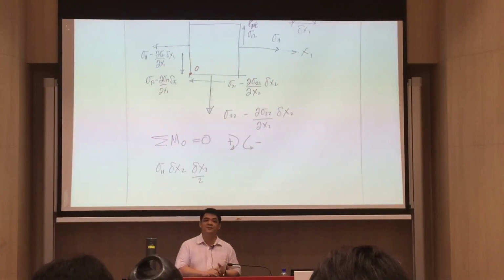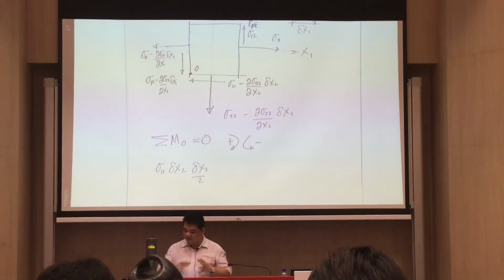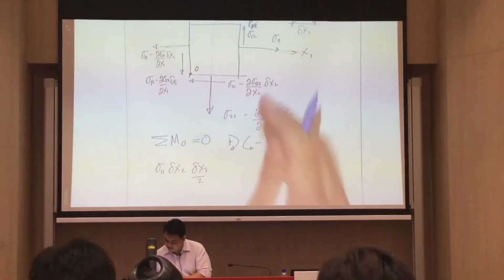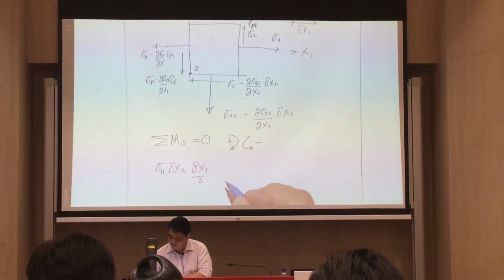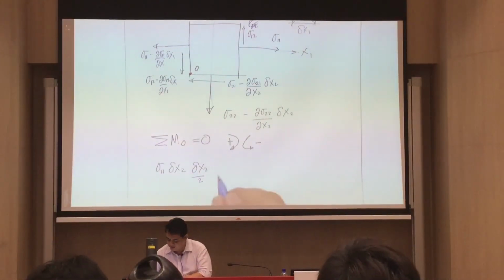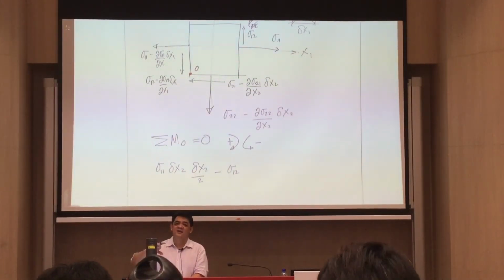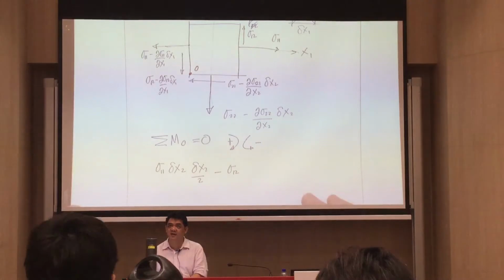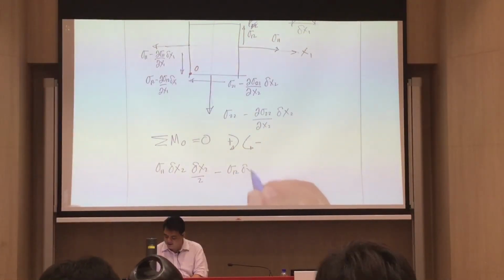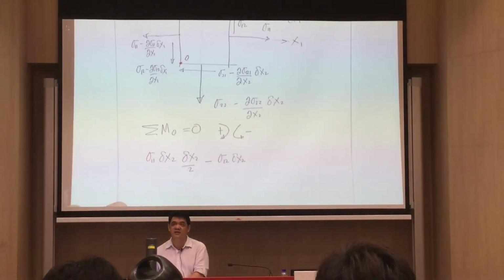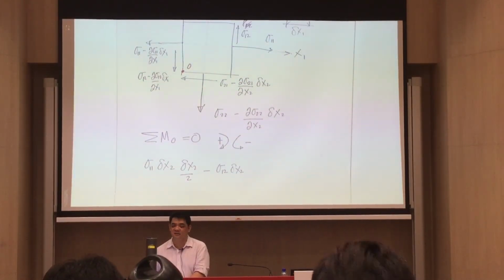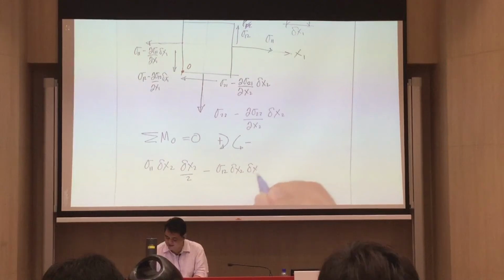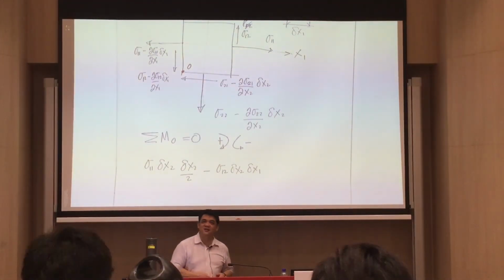So are we ready now? You have seen now the trend. So let's have a look at this one here. Sigma 1,2 is counterclockwise. So sigma 1,2 multiplied by the area it's acting upon, that is now delta x2, that is now your force, yeah? And what is your distance? So it's just a drift now.